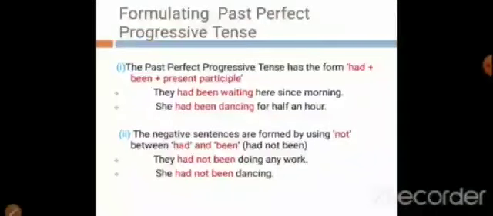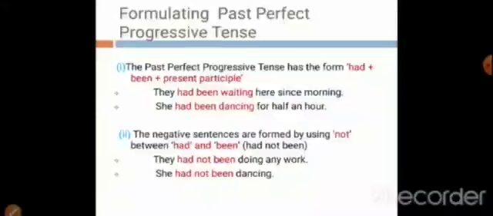So, had been waiting. She had been dancing for half an hour. Had been dancing. So had plus been plus present participle, that is verb plus ing, is past perfect progressive tense.